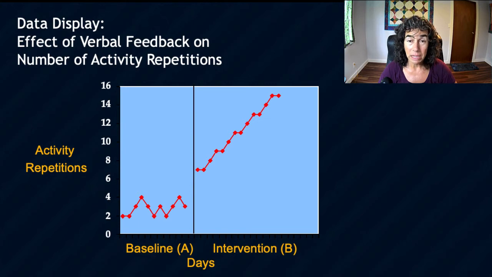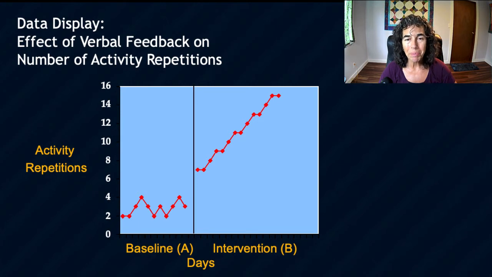And there's the intervention, which is B. Now remember, we get a baseline before we put the intervention in place, right? So the baseline has 1, 2, 3, 4, 5, 6, 7, 8, 9, 10, 11 different measurements, as noted by those points that are joined together in a line. And then the intervention has a number of times of measurement as well.